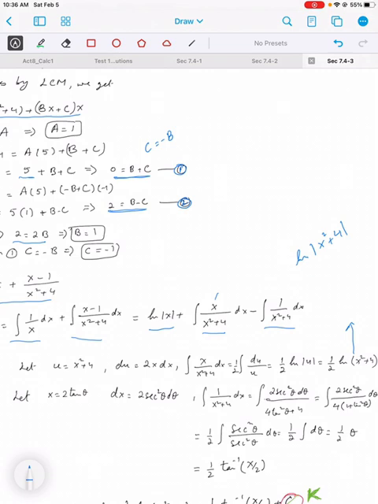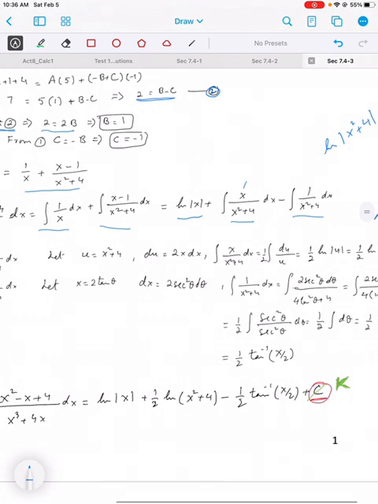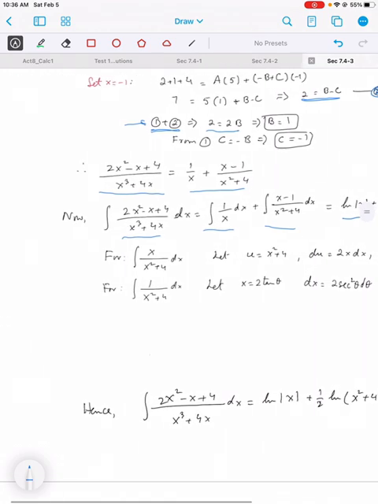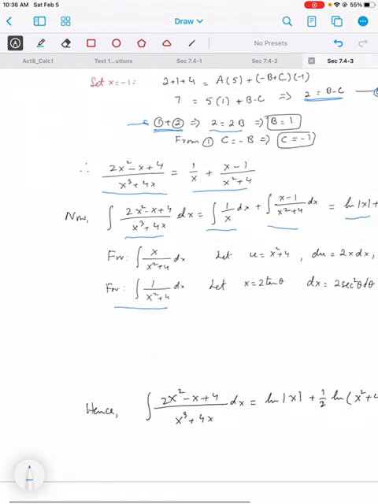In the same way, for the second integral, which is this one, as I explained in the beginning of the 7.4 section, an expression like this becomes tangent inverse of x over 2 with 1/2 in the front. So if you remember it directly, you can write it.